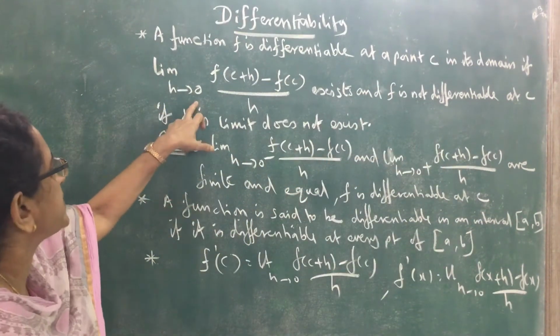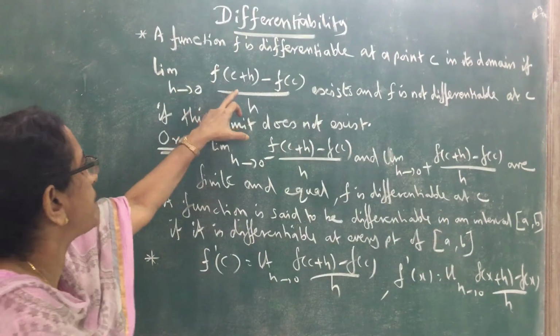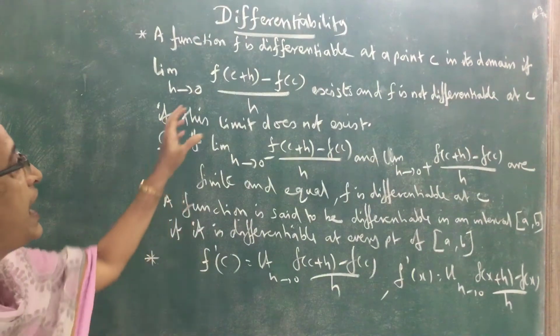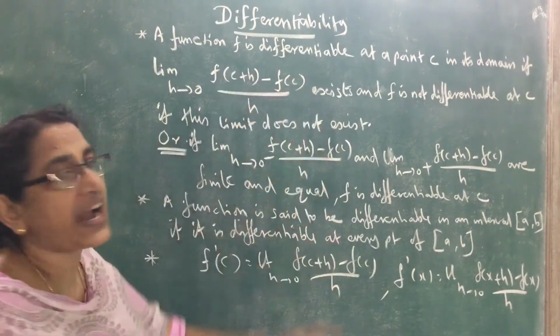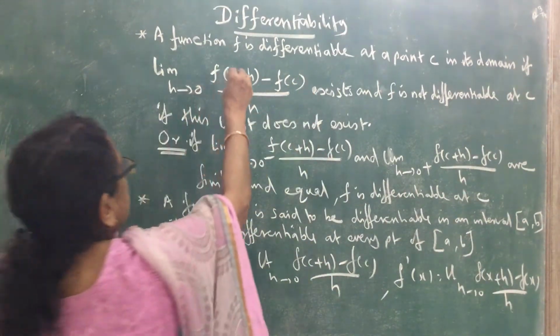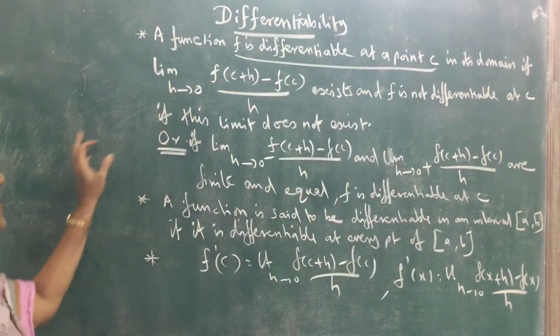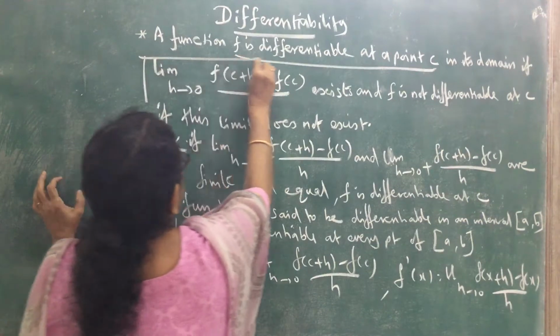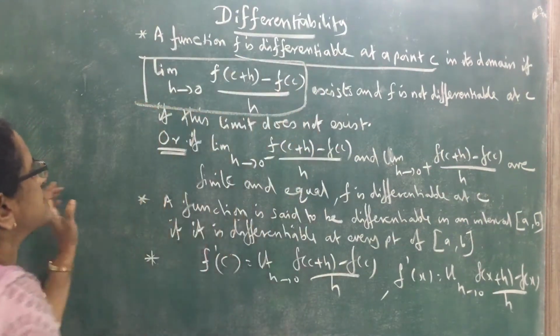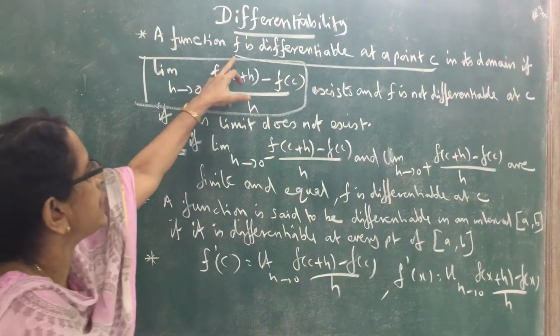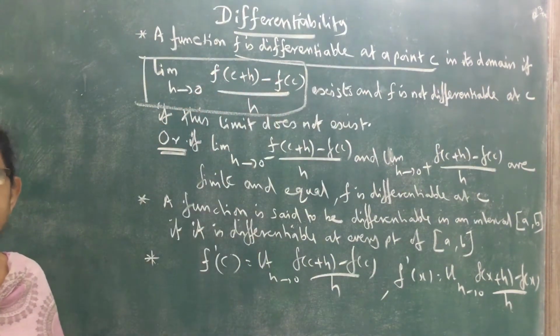So if this limit exists, then f is differentiable at the point c. Differentiability at a point c: if this limit exists, then we say the function f is differentiable at c.